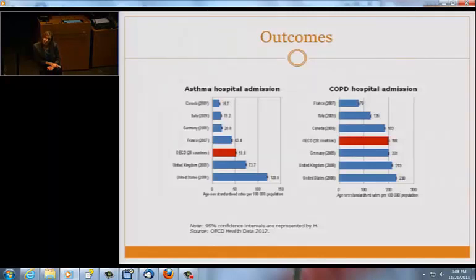So this is used as a marker for quality of ambulatory care, okay? So the variation here that we're witnessing is a difference in hospitalizations, but probably the root cause of that is how we deliver preventative services, okay, to patients. And we know that other industrialized nations are much better at providing preventative services than we are, okay?